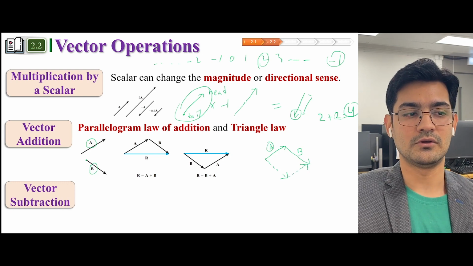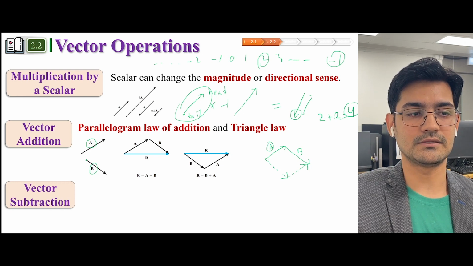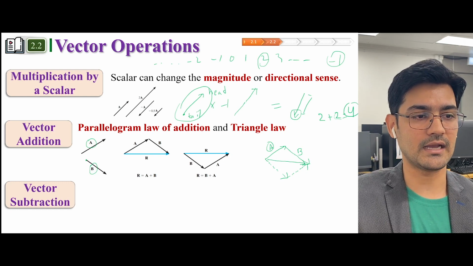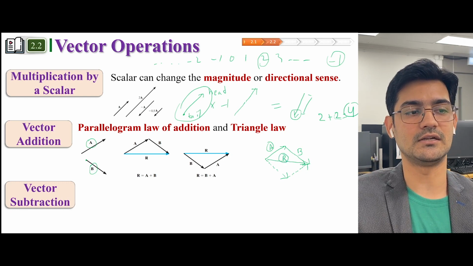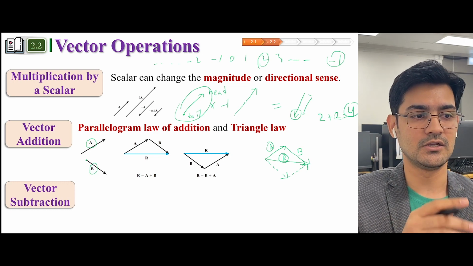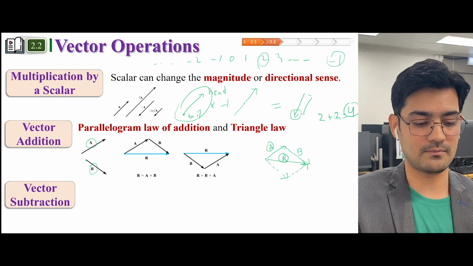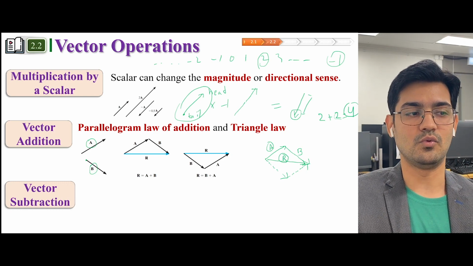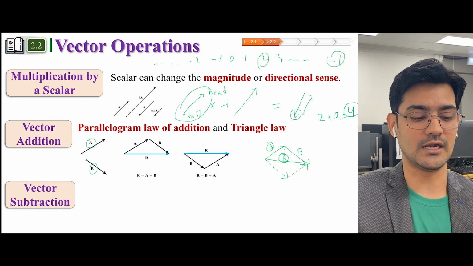So now this line is called the diagonal of A and B, and this diagonal actually represents the resultant. So if we want to figure out the resultant of two vectors, we have to draw a parallelogram like I've drawn here, and then this diagonal would represent the resultant of those vectors.